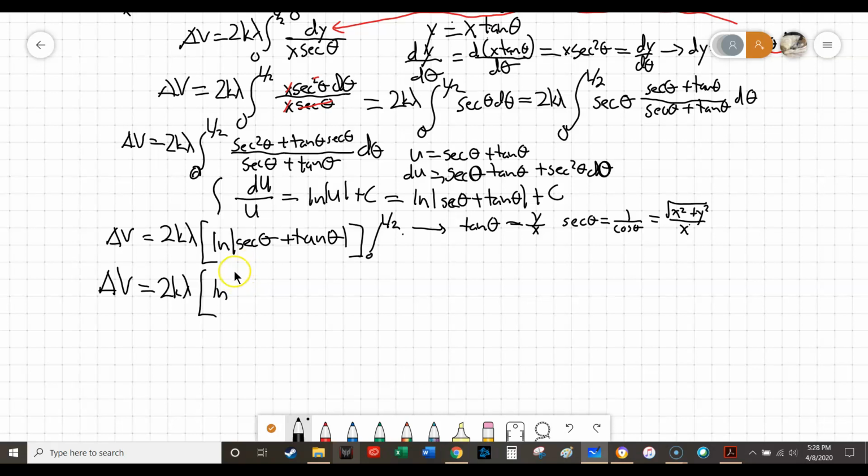And the natural log is going to be, now secant, we said, is square root of x squared plus y squared over x. And tangent is going to be y over x, from 0 to L over 2.